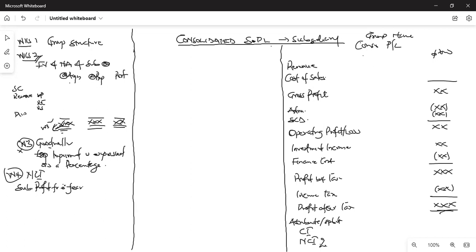And here you have to be careful. Taking note of mid-year acquisitions, you have to prorate it if it is a mid-year acquisition. And what you get, you present here. All right, so that is that.